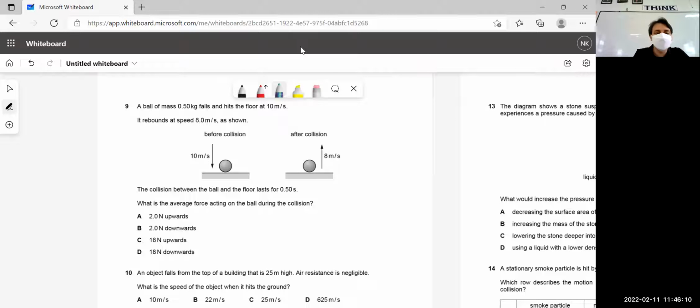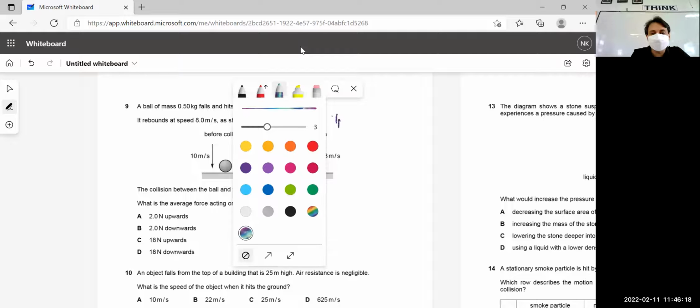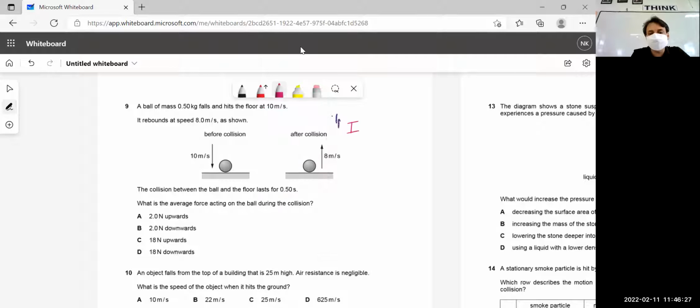So how will you find out? We have an equation to solve this question from impulse. Let me use this color. As you know, impulse, children, is equal to average force multiplied by time, equal to change in momentum.